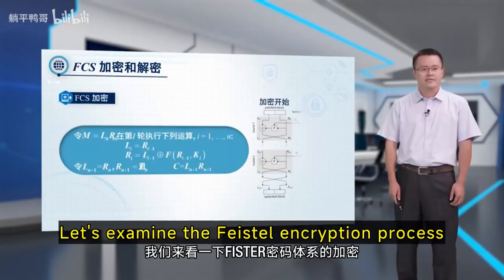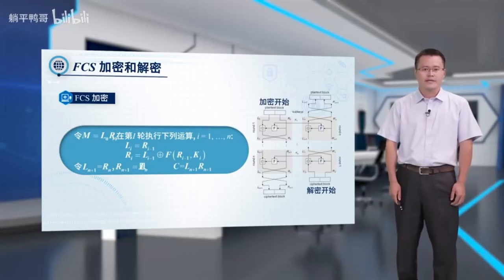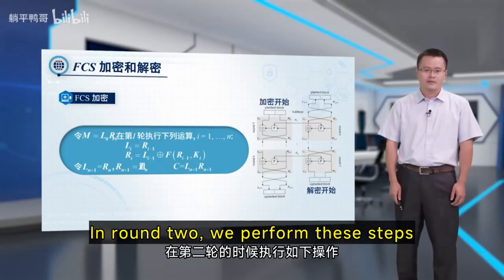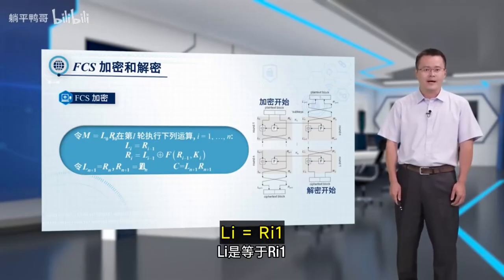Let's examine the Feistel encryption process. The plaintext M consists of L and R. In round i, we perform these steps. L_i equals R_{i-1}. R_i equals L_{i-1} XOR function output.